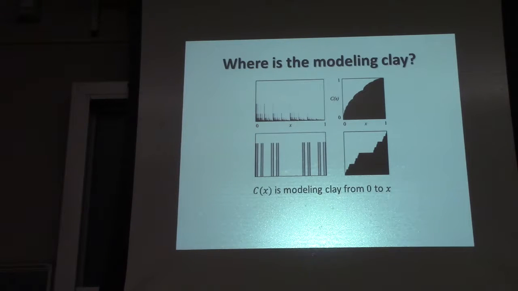But the horizontal on the left is from 0 to 1, and on the right is also from 0 to 1. Okay? So, C of X is how much modeling clay is there from the beginning to a value of X that I'm going to move as I transfer the object from left to right. Okay? That's what it is.